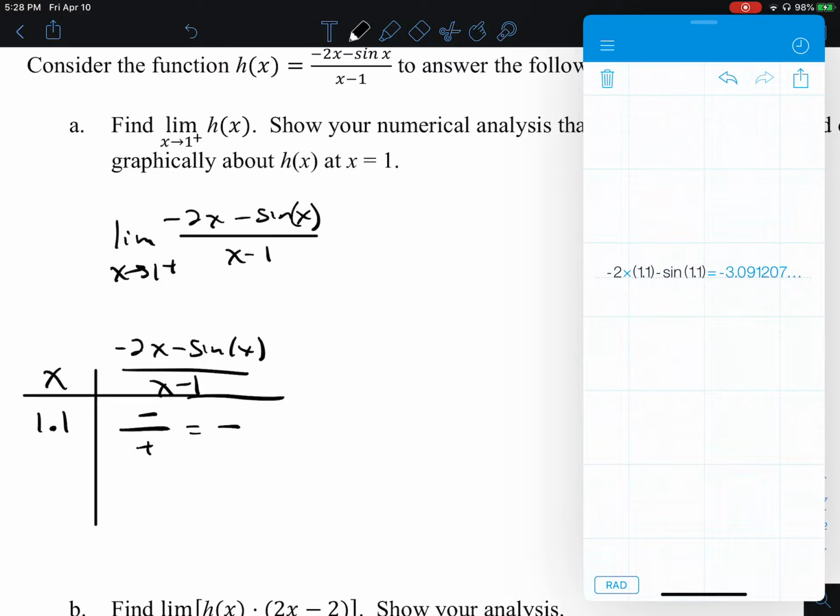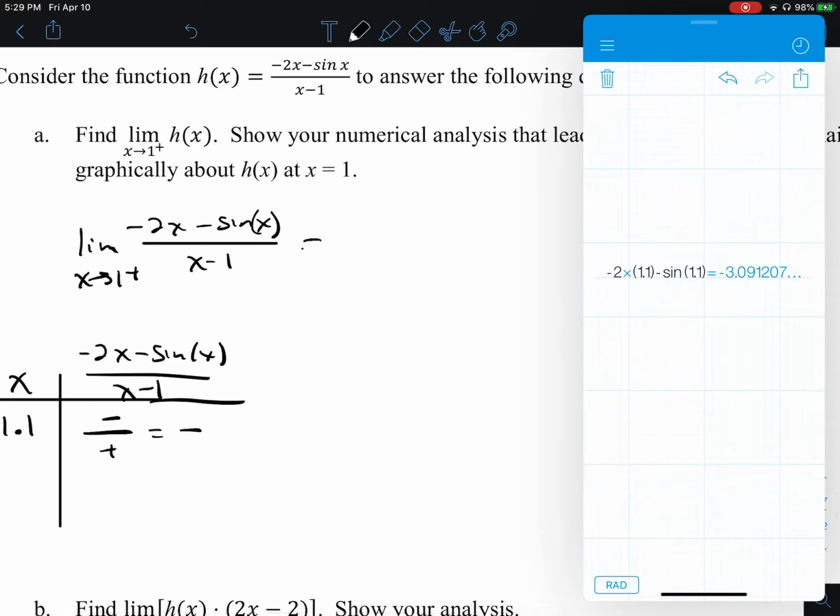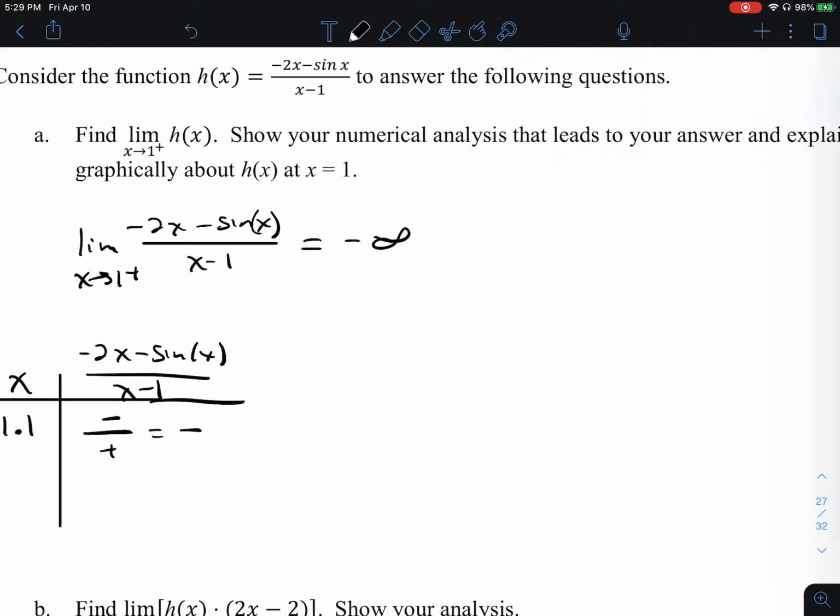This is going to be negative. So that tells me if I'm approaching this from the right, this is going to be going to negative infinity.